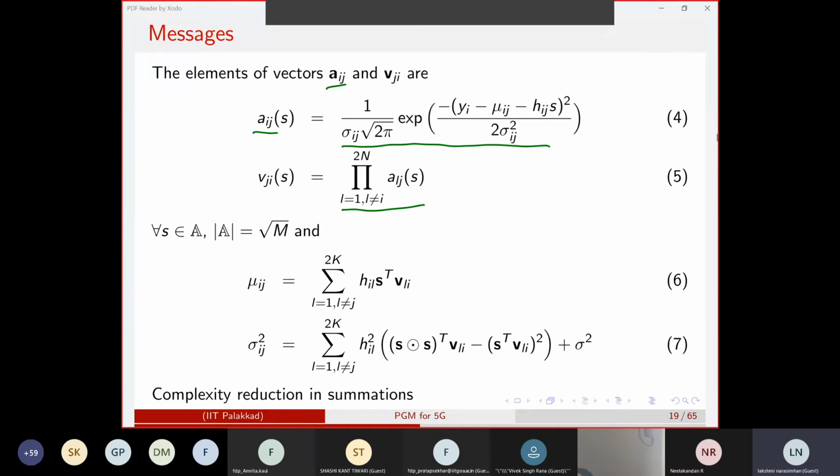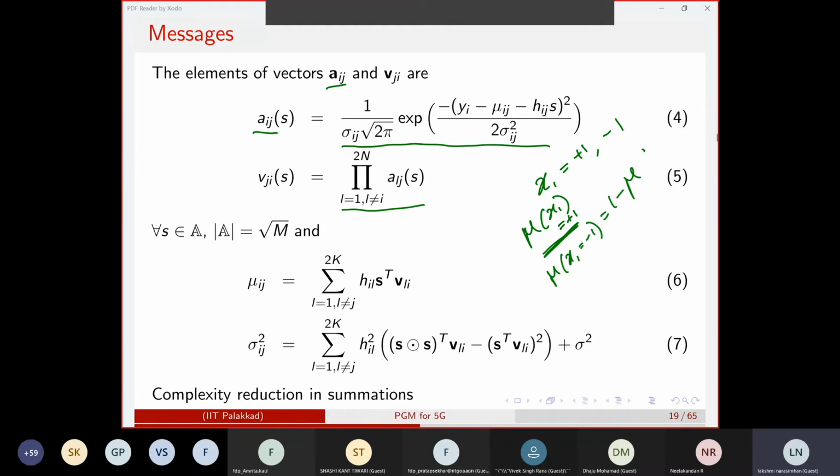What I'm trying to say is, let's say the variable x1 was just taking either +1 or -1, then the message can just be mu of x1 equal to, let's say, +1. Then I need not compute another message for mu of x1 equal to -1, because this is sufficient as long as it represents probability. The mu of x1 equal to -1 is just 1 minus this quantity.